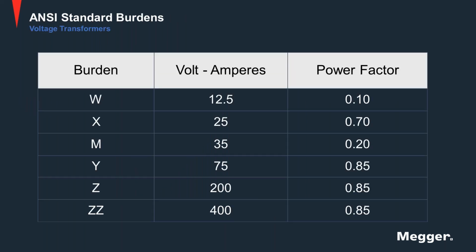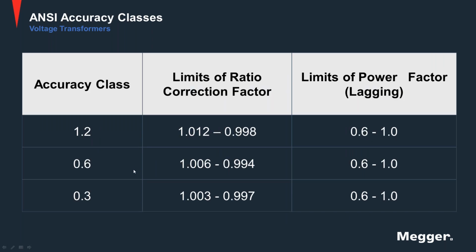So this table here shows the standard burdens for the VT. We have these markings in the VT: W, X, M, Y, Z, and ZZ. And these are the corresponding volt-amperes. And this is the corresponding power factor per different burden, as you can see here in the table.